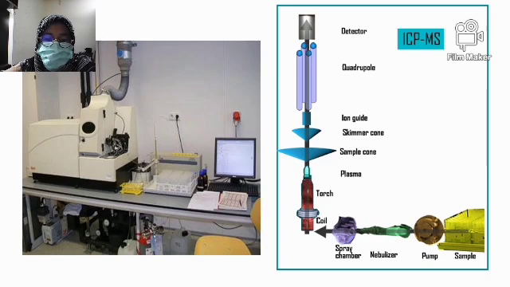The ions are extracted from the plasma into the interface through the sampling cone and through the skimmer cone into the high vacuum region containing the ion lenses and mass analyzer.